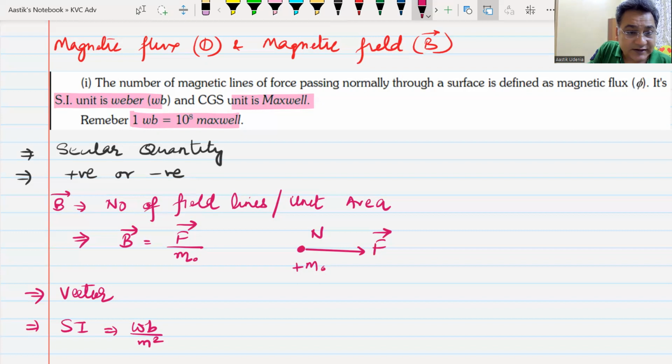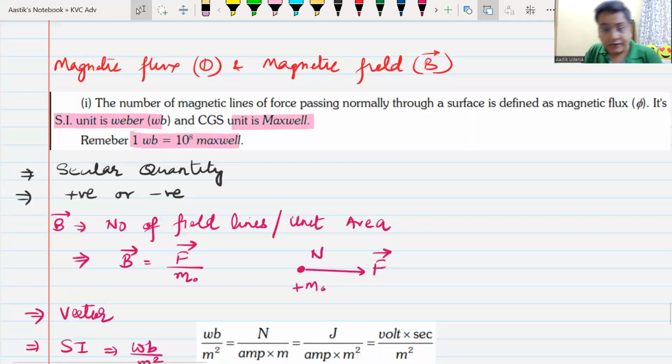You can write it in different ways, and remember these different ways. Weber per meter square can also be called 1 Tesla. You will remember Tesla.